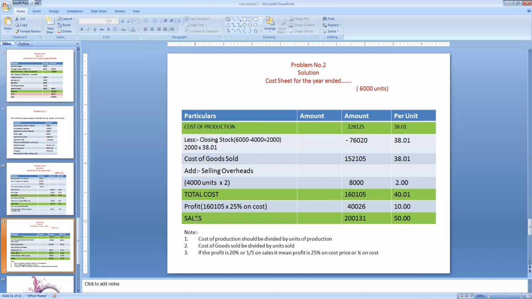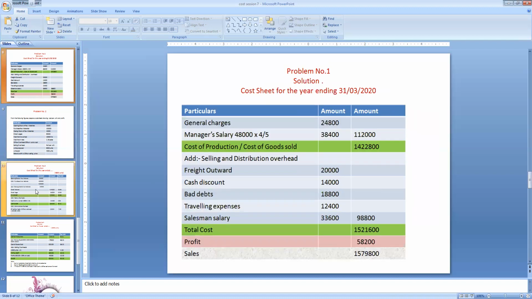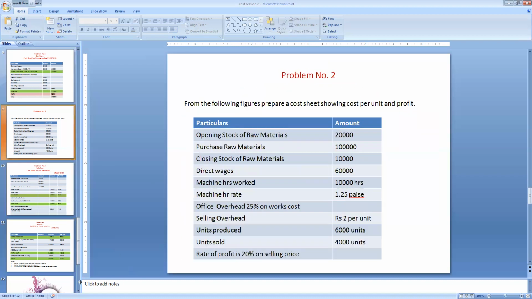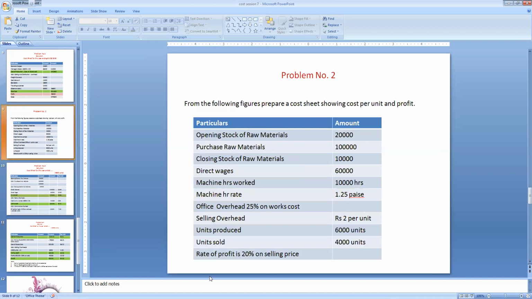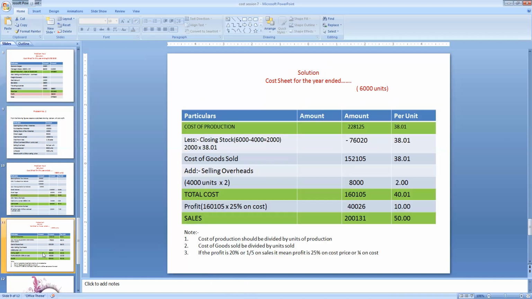Now we have to calculate the profit. The sales value is not given, so regarding the sales we have to calculate the profit. It is given very clearly that the rate of profit is 20% on the selling price. 20% on the selling price is nothing but 1/5 on sales.